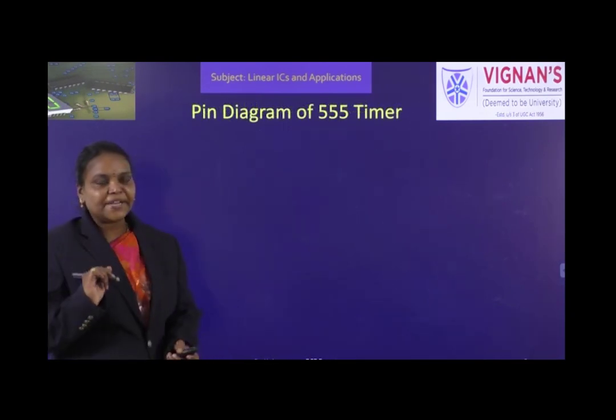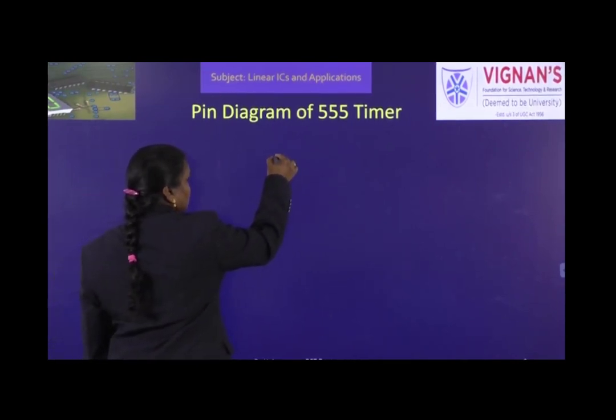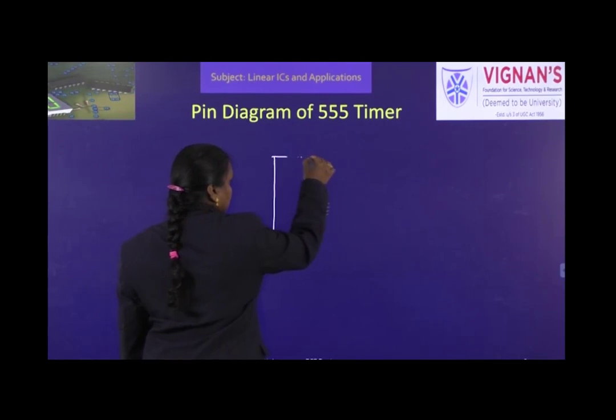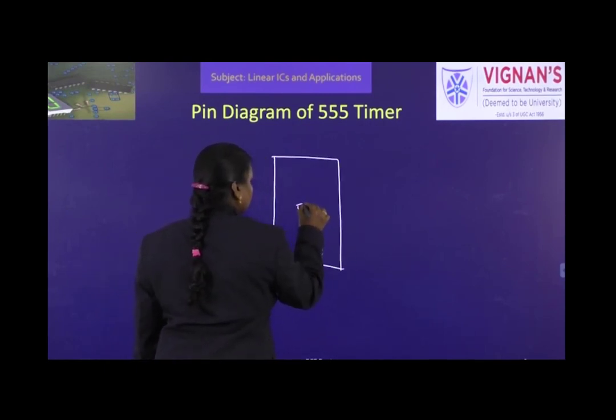Now, let us see the pin diagram of the 555 timer. The pin diagram is like this. It has 8 pins.